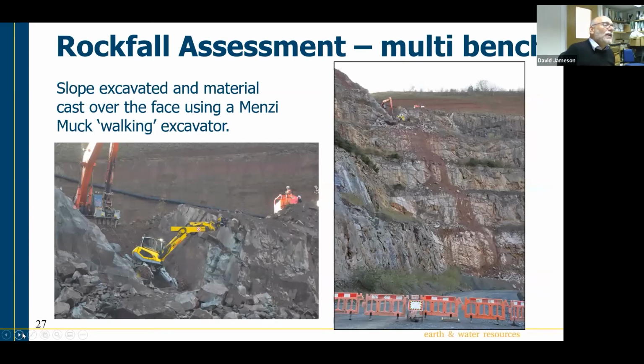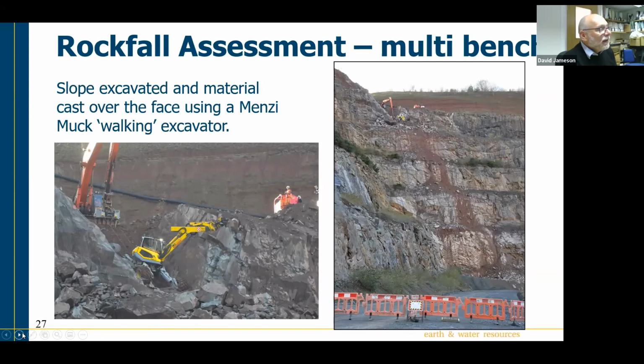So we had a multi-belt situation here. You can see that on the left-hand side the slope was actually excavated using a Menzi Muck walking excavator, one of these excavators on a sort of spider type carriage that allows it to go down some really steep slopes.